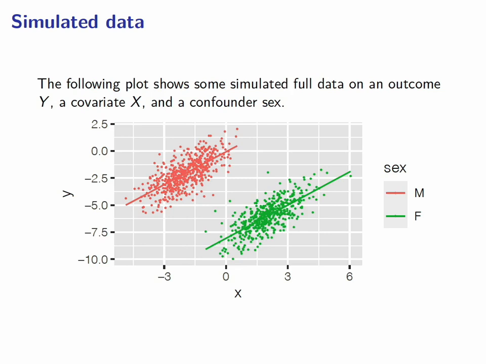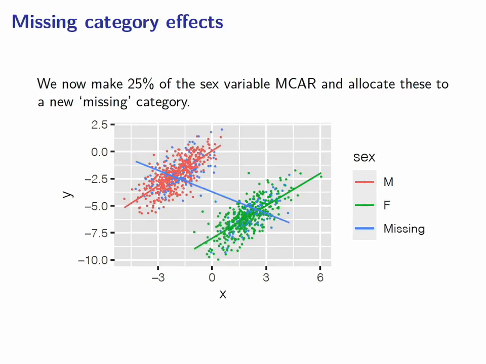Okay, so to see what would happen with the missing category method, we're going to make some values of sex missing and then make a new missing category. So I've made 25% of the sex variable missing completely at random and then created a new missing category. And what's shown in the plot here is the same as before, except now for 25% of the individuals their sex is missing, they're in the missing category.